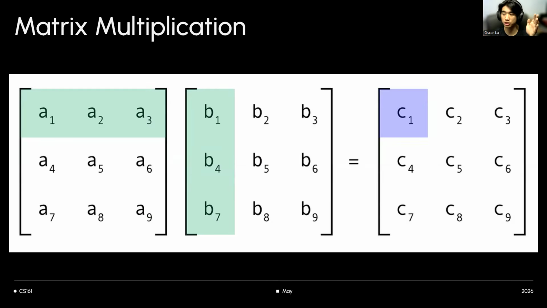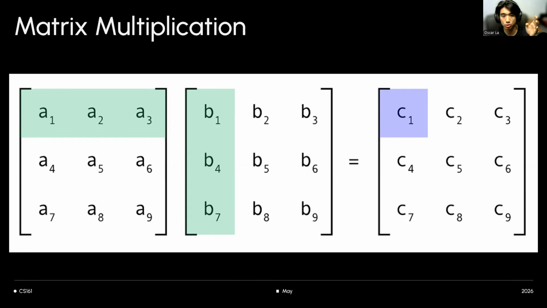For matrix multiplication, in order to calculate C, the product of matrices A and B, we need to go through each element of C: C1, C2, C3, and calculate the product of row A and column B, as in the picture presented.